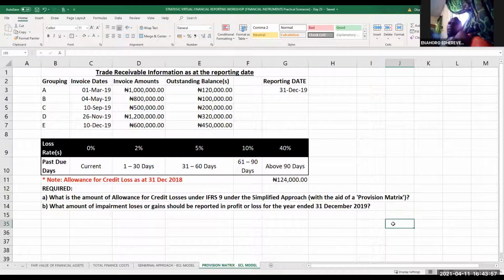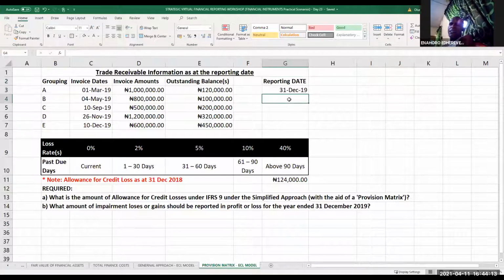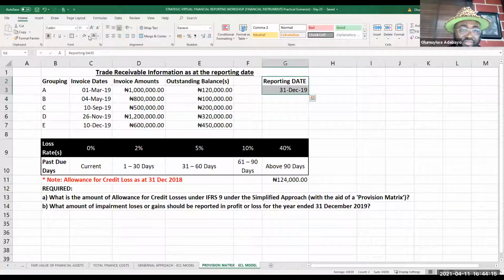Okay, let me read it. Trade receivable information as at the reporting date. And what is the reporting date? You can see the reporting date on the side here: 31st December 2019. Continue from there.